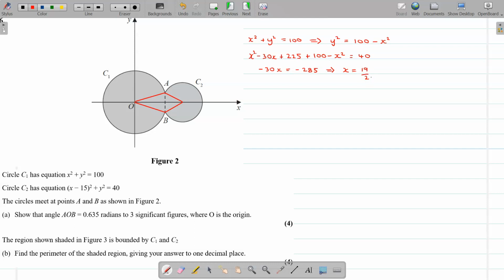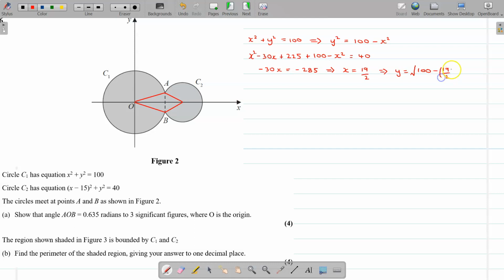Okay, so I'm now going to say that if x is that, what's the value of y, the y coordinate of the point A? So if I substitute that into this equation, which implies that y would be the square root of 100 minus 19 over 2 squared.